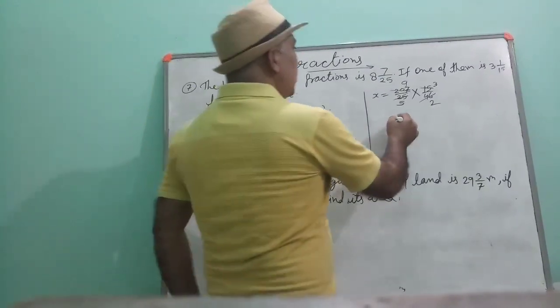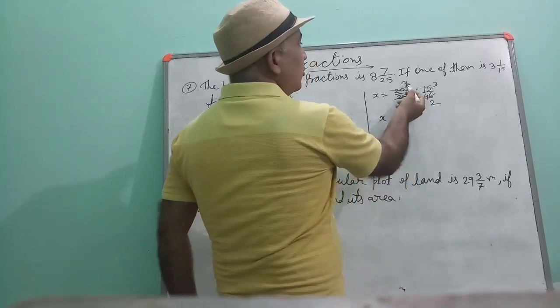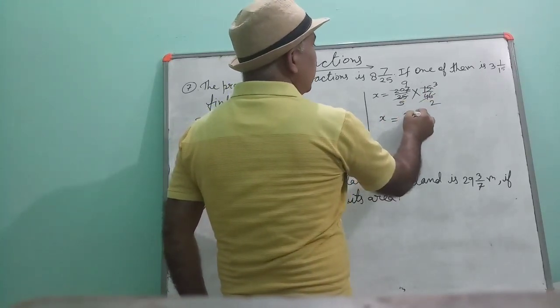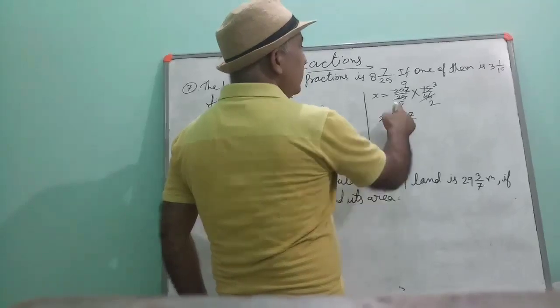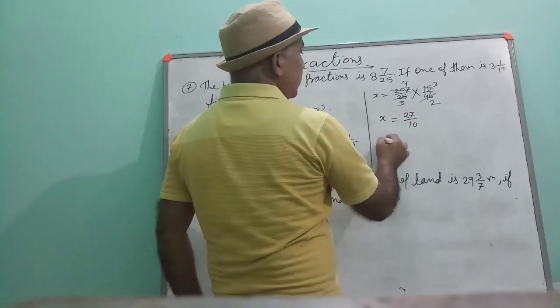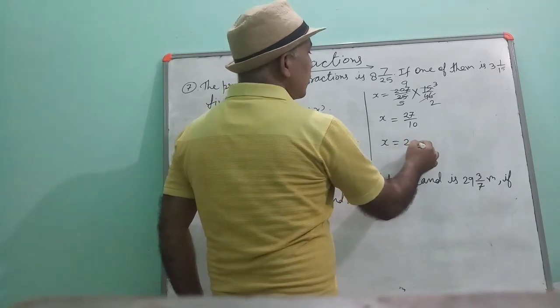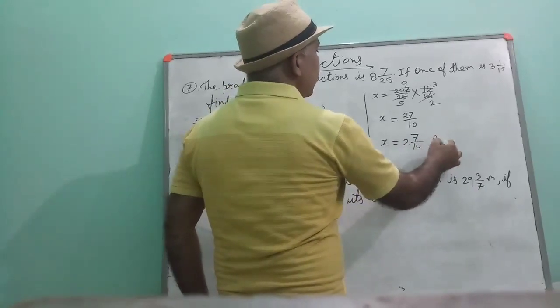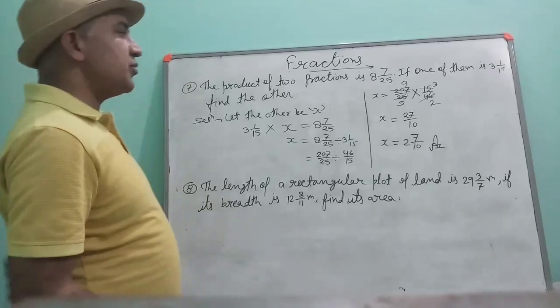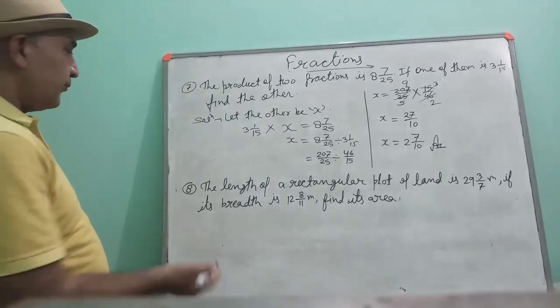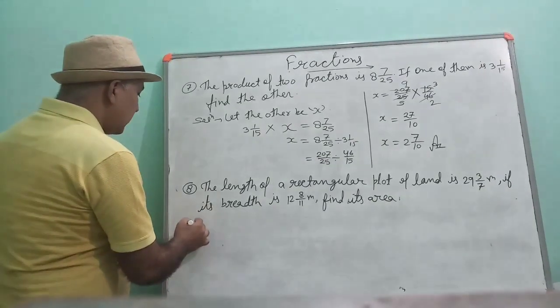Now we know that numerator is multiplied by numerator, so 9 into 3 is 27, 5 into 2 is 10. Now change it into a mixed fraction. 10 into 2 is 20, 7 is the remainder. That means 2 into 7 by 10 is the other number. Now the last question of the day.